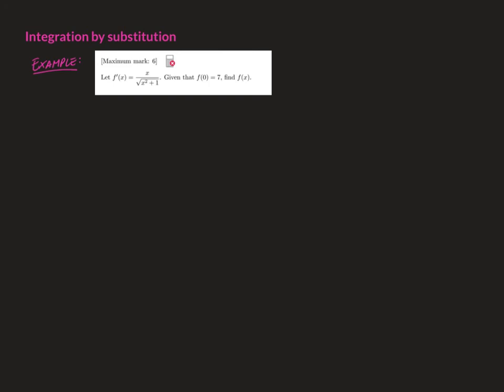The final example is: let f dash of x equal x divided by the square root of x squared plus 1, and given that f of 0 is equal to 7, find the value of the function. So what we want to do is build the function f of x through the integration of x over the square root of x squared plus 1 with respect to x.